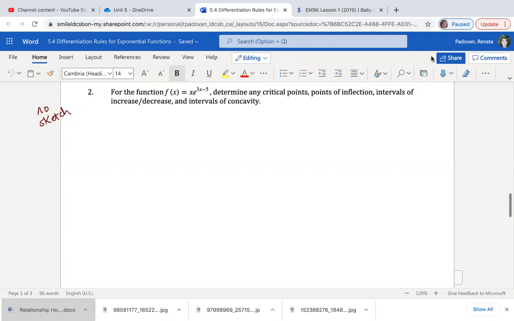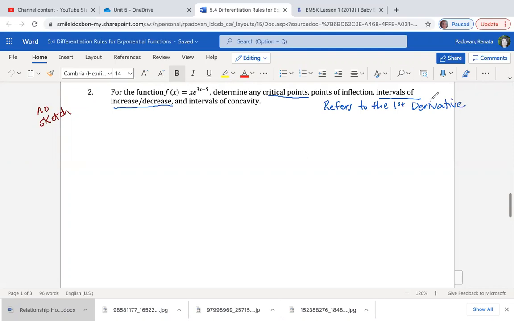And when it talks about critical points and intervals of increase and decrease, that refers to the first derivative, right? We've done this many times.